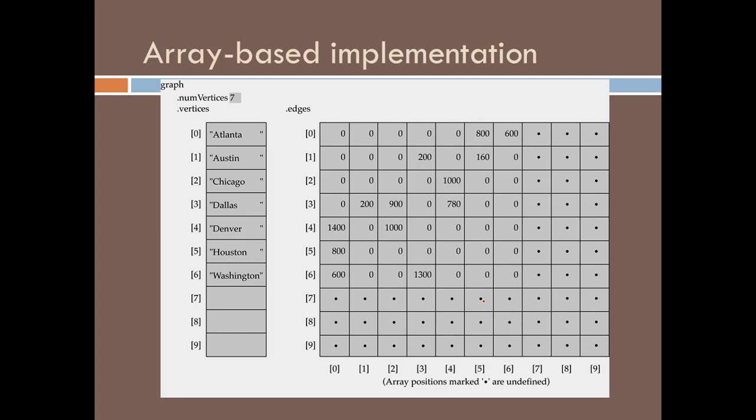The 5th is Houston. It means Atlanta is connected with Houston, and number 6 is Washington. It's also connected with Washington. So Atlanta is connected with Houston at value 800, and there is an edge going from Atlanta to Washington with value 600.